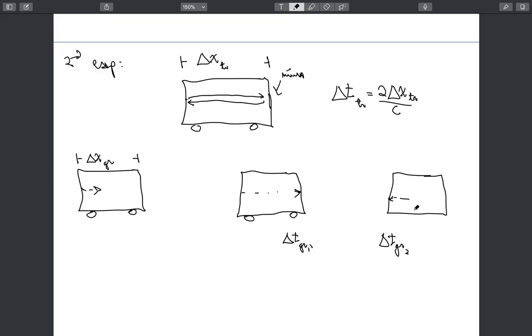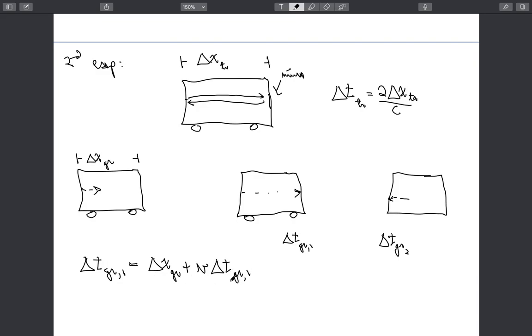So what are these times here? Well, again, as far as the observer on the ground is concerned, the distance that the light will travel in here will be such that the delta t ground 1 is equal to what? So there's the delta x, of course, that needs to be traveled. But then there's also a v times the delta t ground 1, because that's the distance that the whole train has traveled.